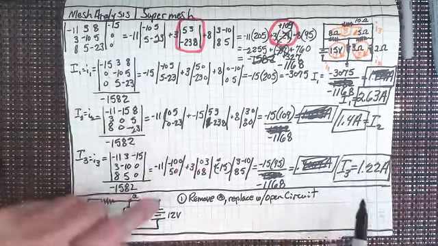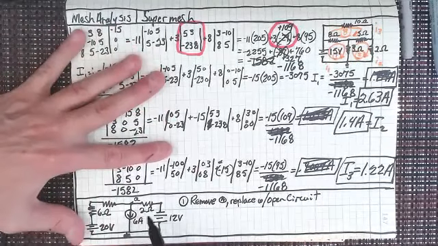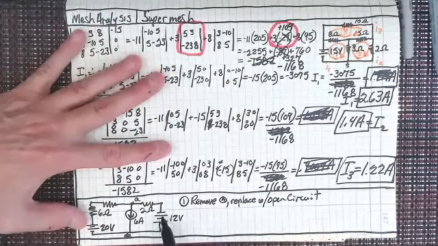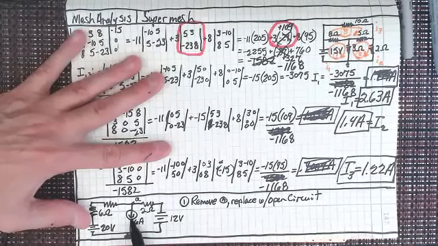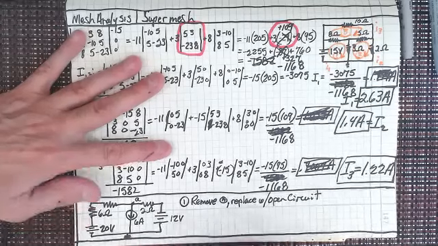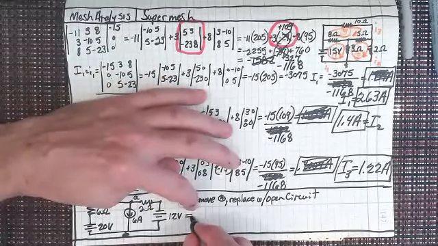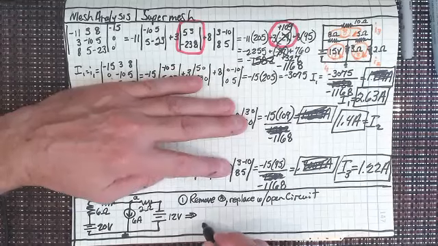Remember how we replaced the voltage source when we were talking about super node? We replaced the voltage source with a short circuit. Well, right here, what we're going to do is replace the current source with an open circuit. So this is now going to become this.